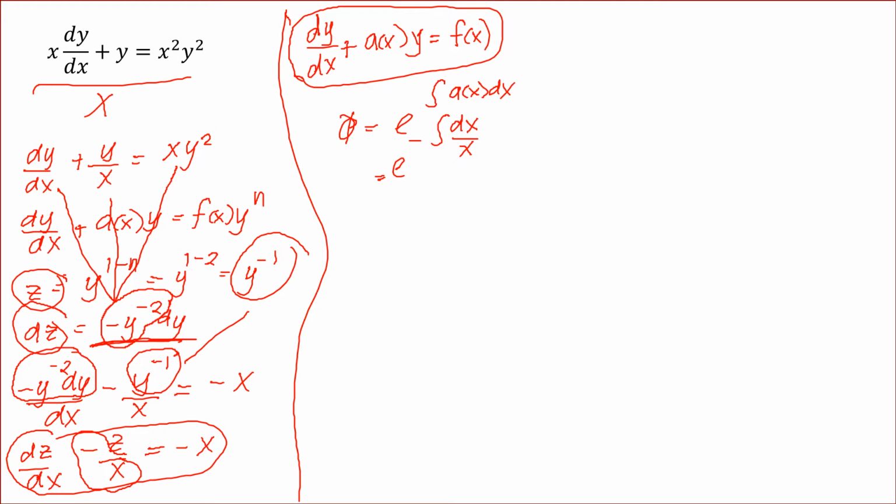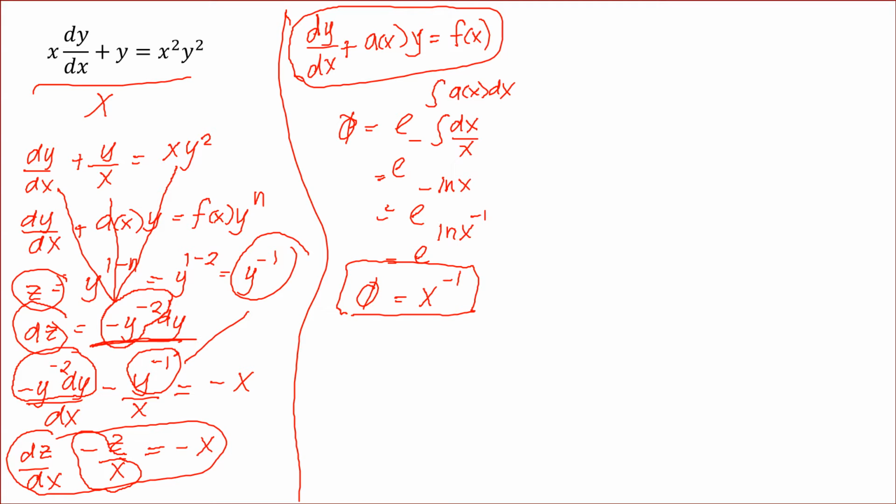That is why we take out the negative from the integral and integrate dx over x. This becomes negative ln x, ln x to the negative 1, and this becomes x to the negative 1. Thus, your integrating factor phi is equal to x to the power of negative 1.